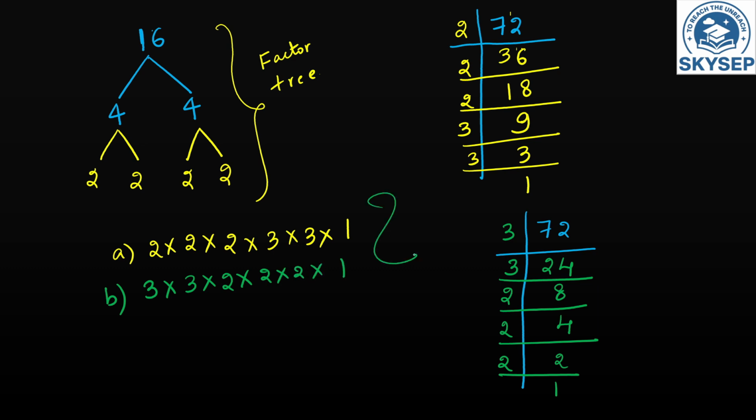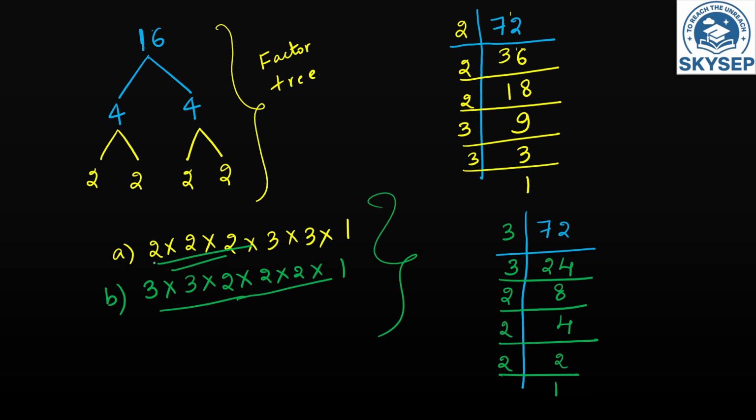So this is what the fundamental theorem states. Apart from the order in which the prime factors occur, for each composite number, this value will be unique. See, in the first case, for the number 72, I started from 2 and ended with 3. But in the second case, I started to divide the number by 3 and ended with 2.